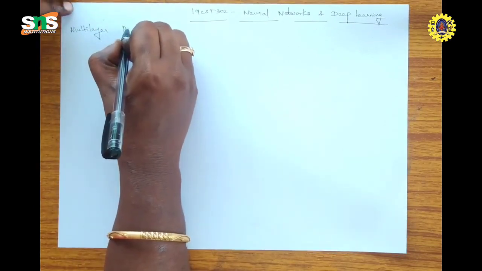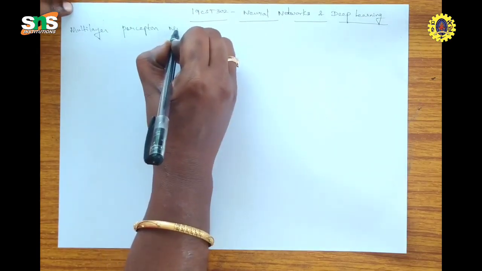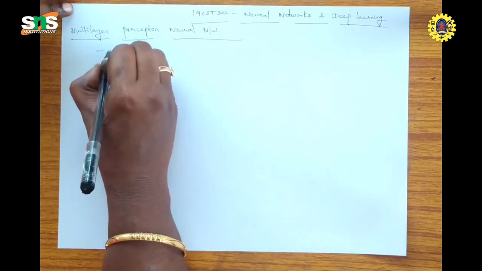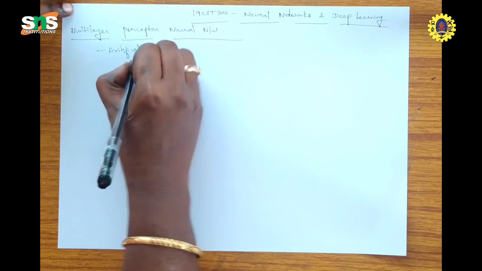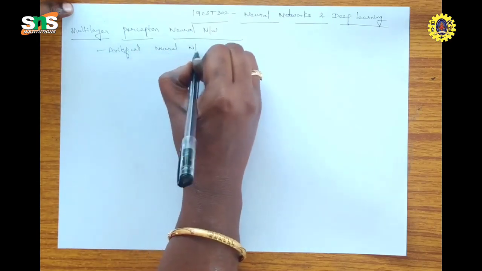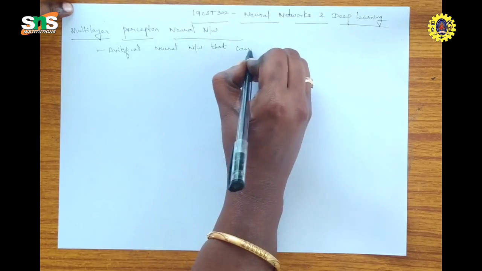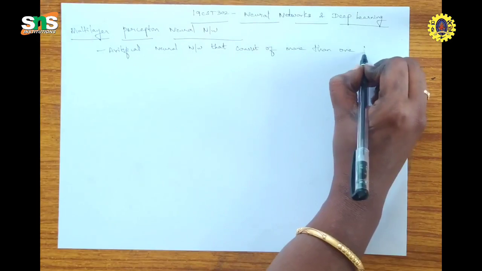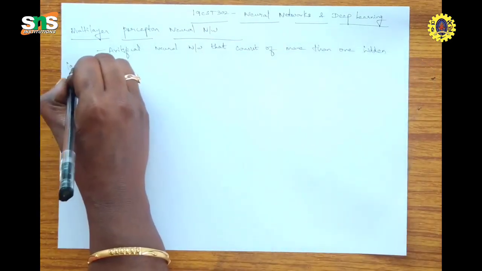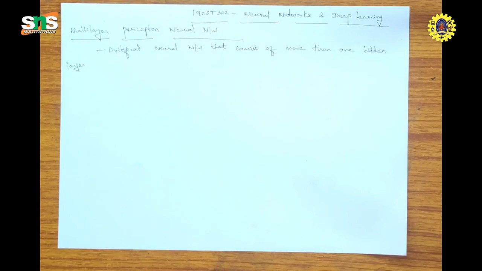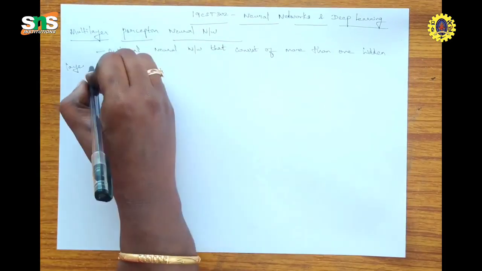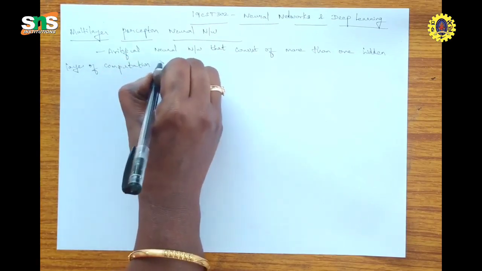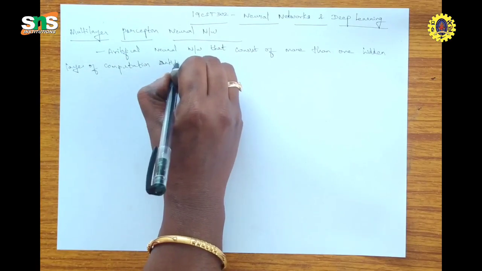Multi-layer perceptron neural network. As far as the multi-layer perceptron neural network is concerned, it is an artificial neural network that consists of more than one hidden layer of computational artificial neurons.